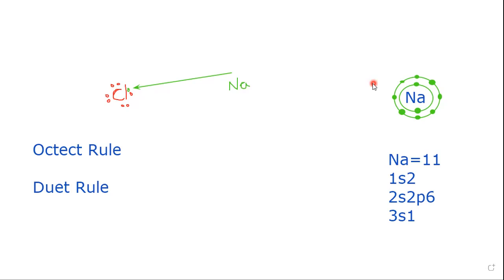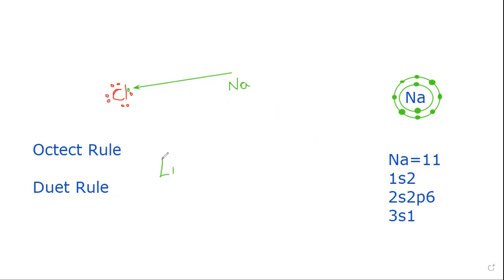Okay, perfect. Before I go a little deeper into this, I'm going to do another example for the duet rule, which is basically the same thing. But now the small atoms don't achieve 8 electrons in the outermost energy level, but 2. That's why it's called duet. And we have, for example, lithium.